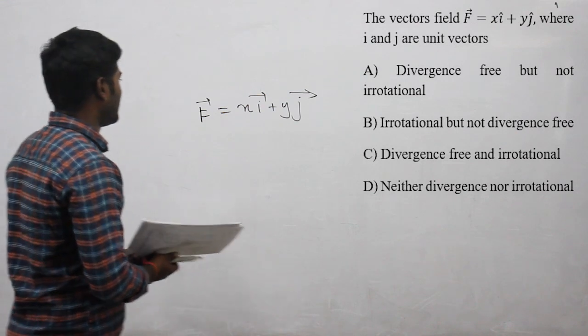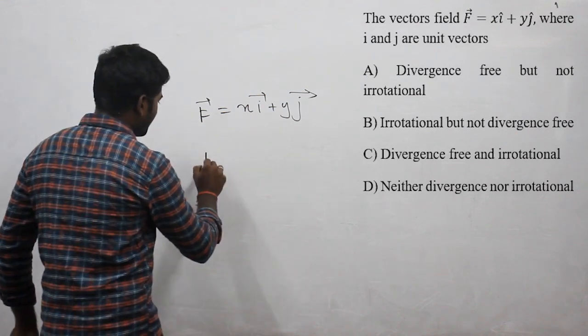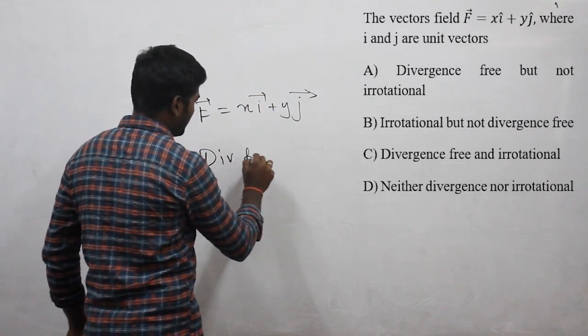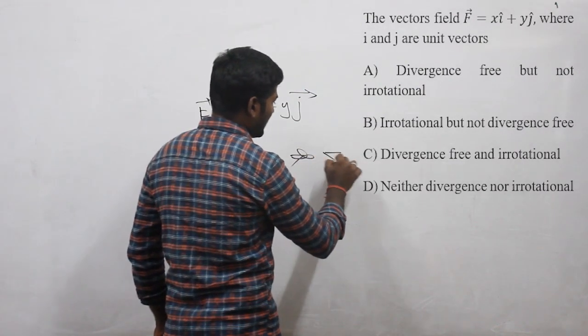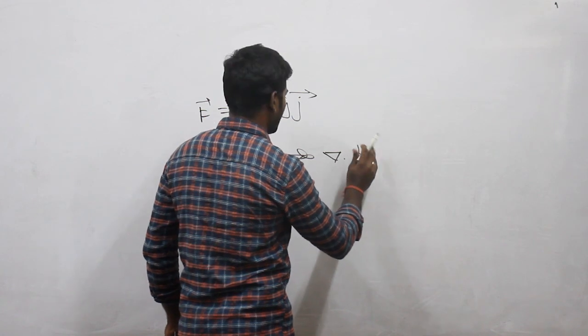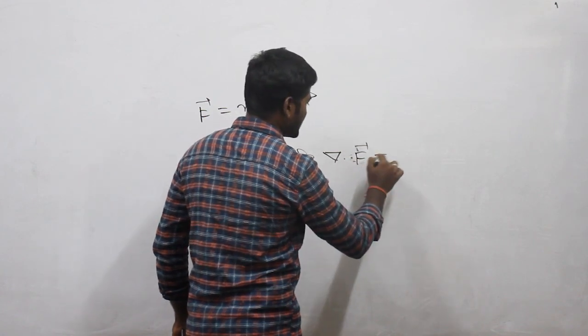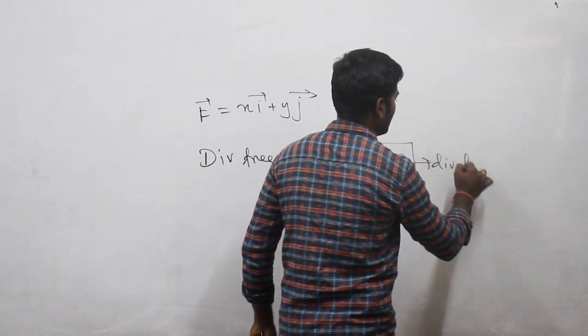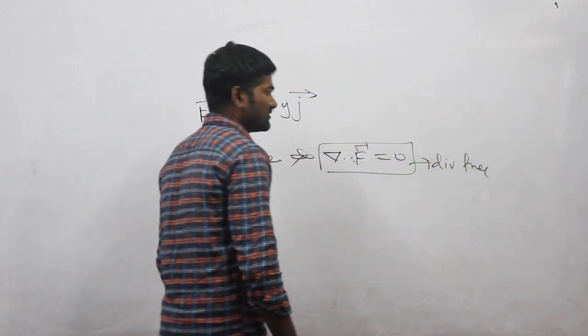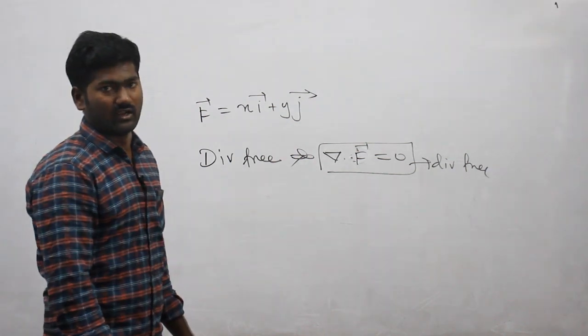I already told you what divergence free means. Divergence free means del dot f vector, the divergence of that vector, equal to 0, then that is called divergence free, right? It is also known as solenoidal vector.